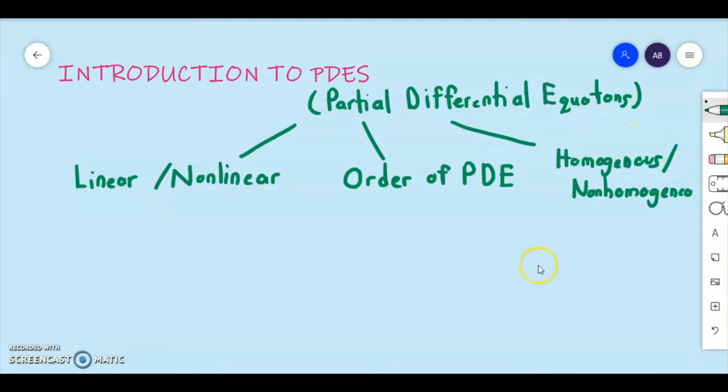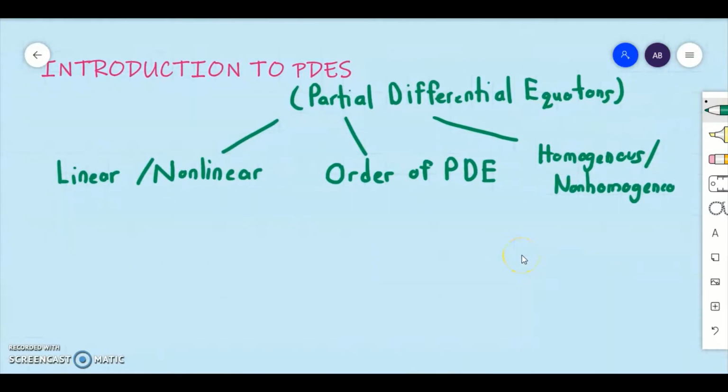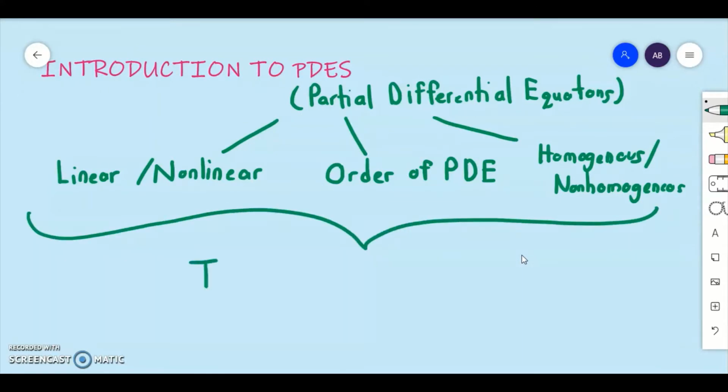We can also look at types of PDE. And this is the main part. Upon looking at all these things, we're going to look at types of PDE.